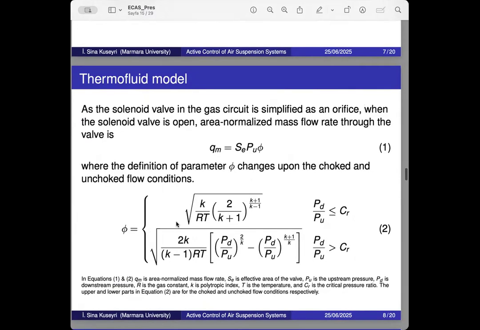The upstream and downstream pressure ratio, PD divided by PU, is compared to the critical ratio. If the flow is choked, we have the linear flow condition, as you see in the first equation, and it's the unchoked condition in the second case.